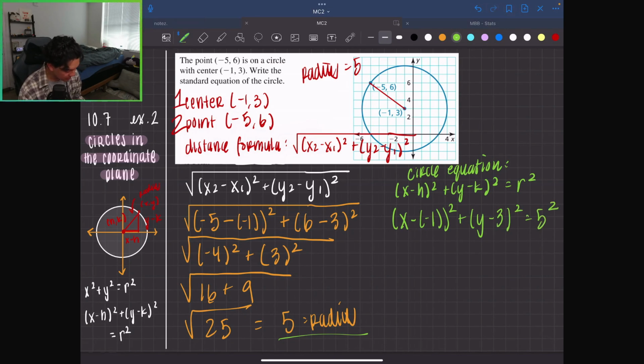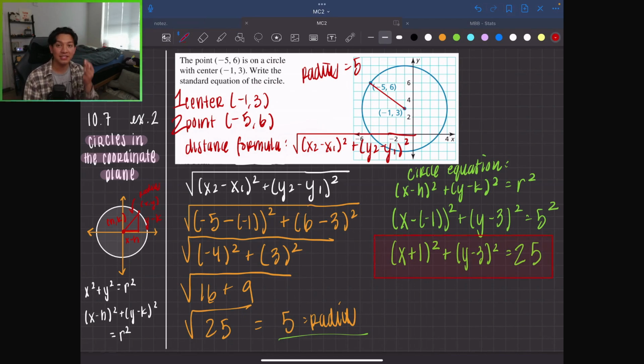And then let's just finish this off. So x minus a -1 is the same thing as x plus 1. So I'm just going to write x plus 1 squared plus no changes to the y minus 3 squared equals 25. And there you have it. That is our equation of a circle when we are given the center and a point on the circle. Okay, that's it. Bye.